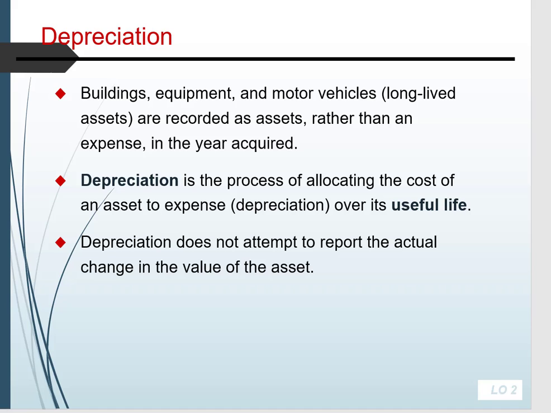Remember, these are historical costs. We're going to allocate that cost across the life of the asset, over its useful life. So depreciation itself really doesn't attempt to report actual changes in value. It takes the cost. Let's say we paid $50,000 for a truck, and we're going to write that off over 10 years.